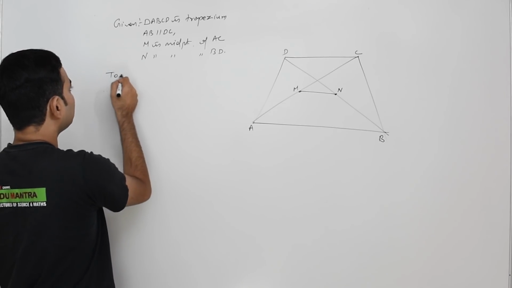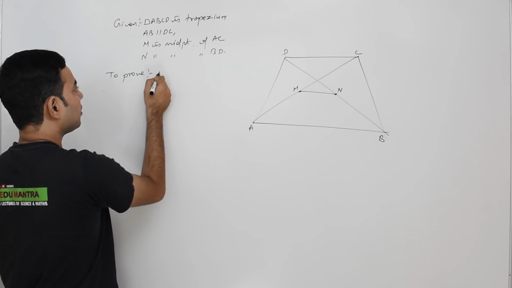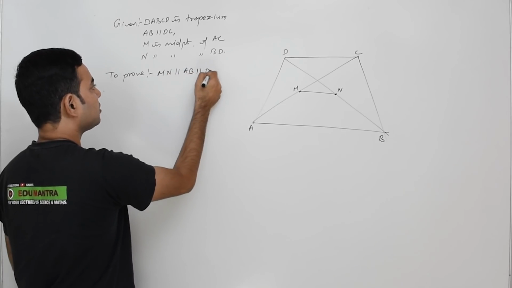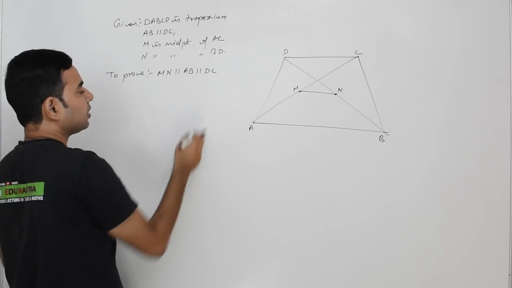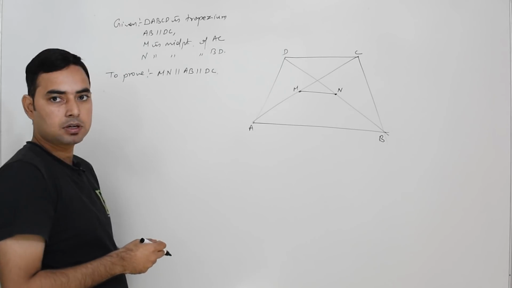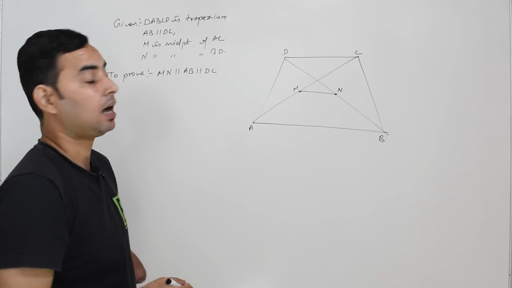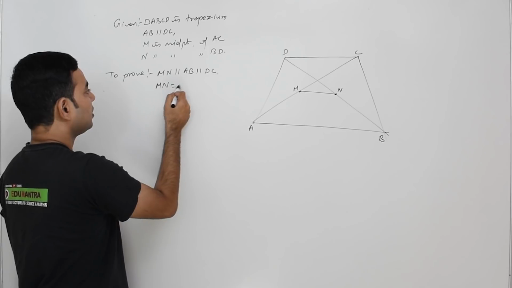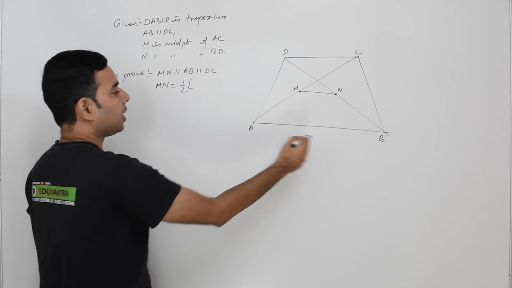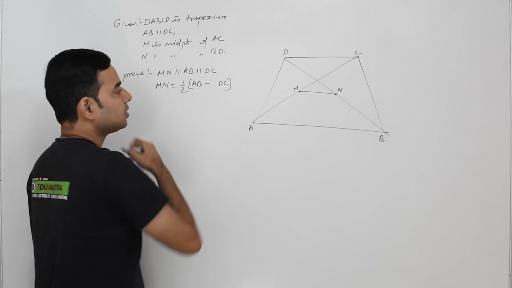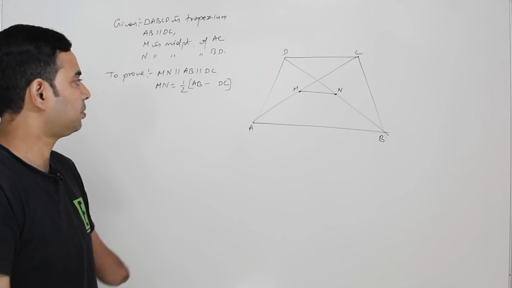It means you have to prove MN is parallel to AB, parallel to DC, and again you have to prove that this line segment joining the midpoints of the diagonals is half of the difference of the parallel sides. It means MN is half of the difference of the parallel sides. Parallel sides are AB and DC. Their difference, it means subtraction, so AB minus DC.